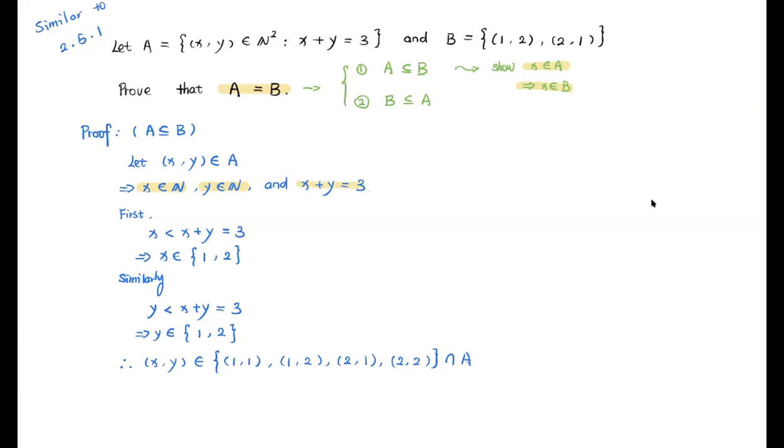So this implies that (x, y) can only be (1, 2) or (2, 1), which is our set B. This means that A is a subset of B. Does this part make sense? Any questions so far?